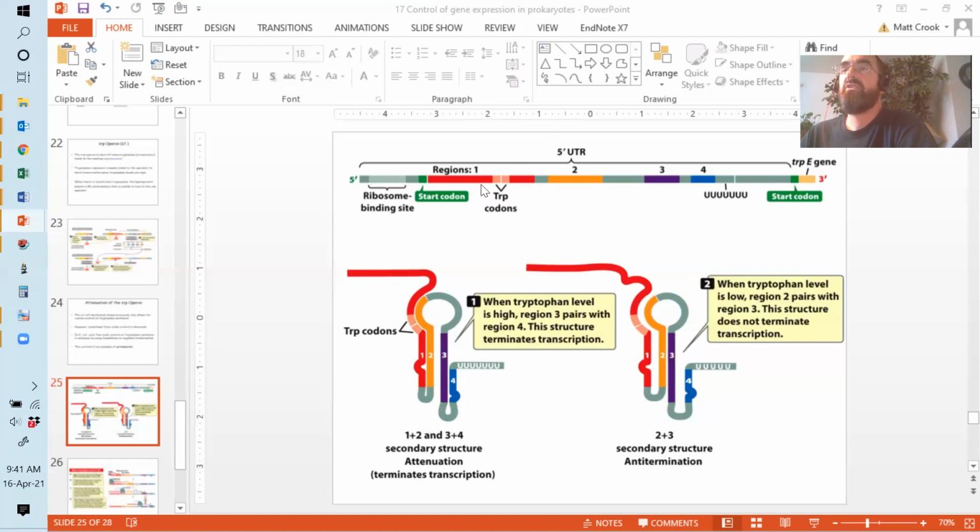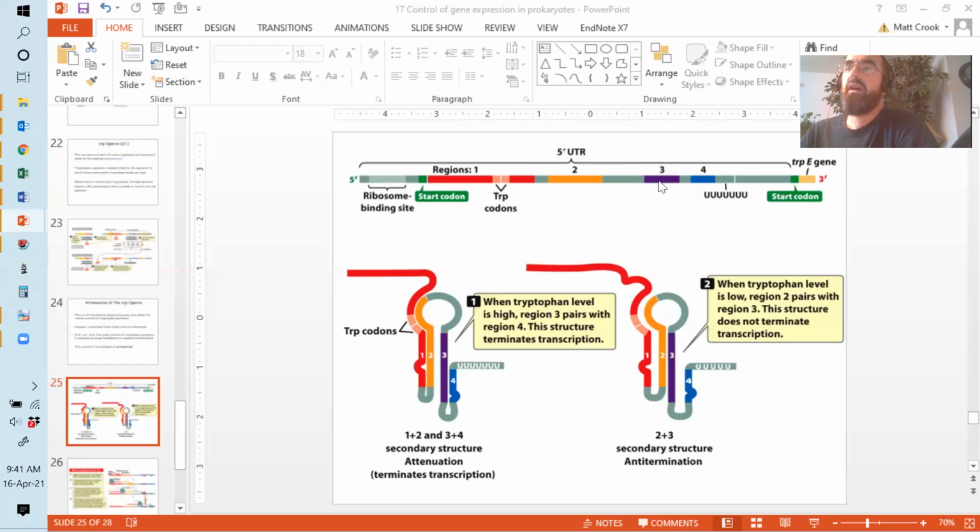And so if 1 and 2 are covered, RNA polymerase is going to produce the mRNA, which can then form where 3 and 4 can pair, right? Because 4 is produced after 3. And that will form a terminator loop, which will terminate transcription.